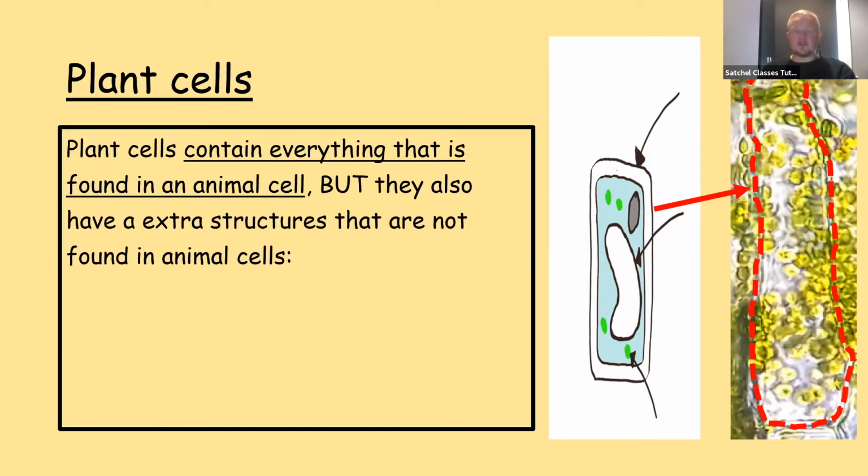They have all the same structures that animal cells have, but because plant cells don't eat the way an animal does, they need other structures to help provide for nutrition, such as chloroplasts. Because they don't have skeletons like animals, they need some structures for support. And so some of the extra things found in a plant cell compared to an animal cell are the chloroplasts, a large storage vacuole, which is a permanent vacuole, and a cell wall to help structure and support the cell.